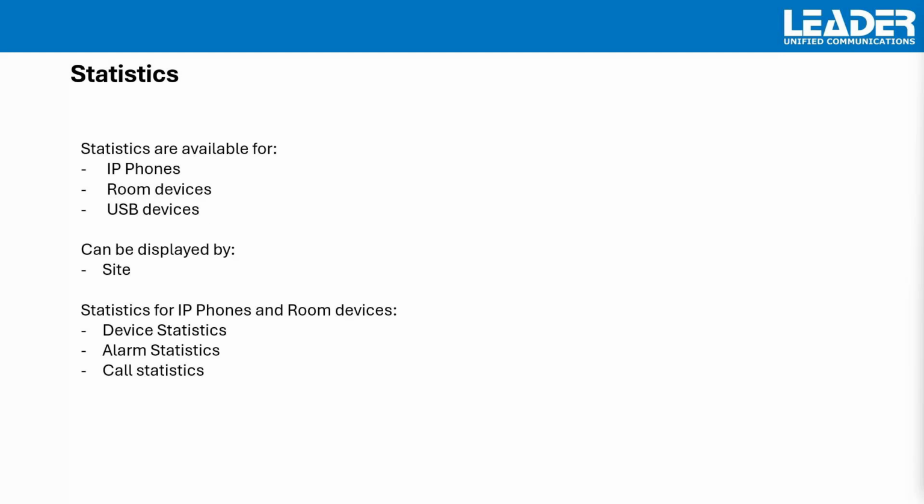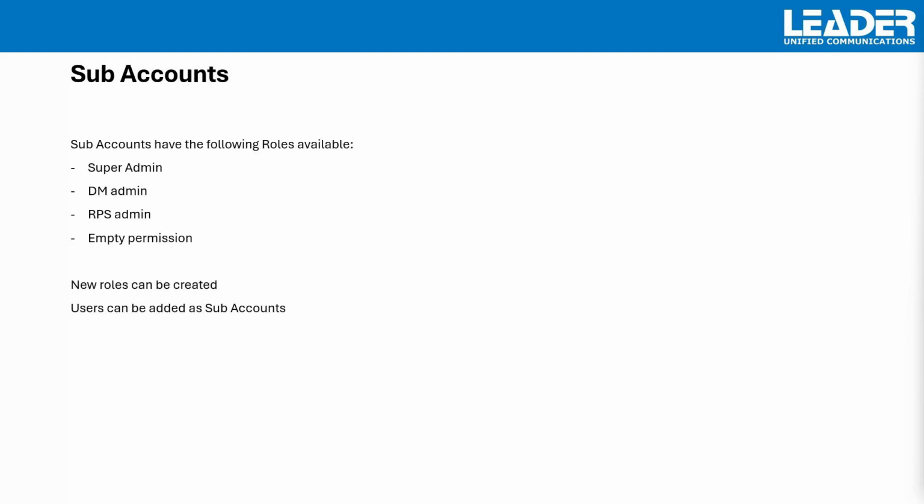Statistics are available for IP phones, room devices, and USB devices. This can be displayed by site. Statistics for IP phones and room devices include device statistics, alarm statistics, and call statistics, so like call quality in that regard.